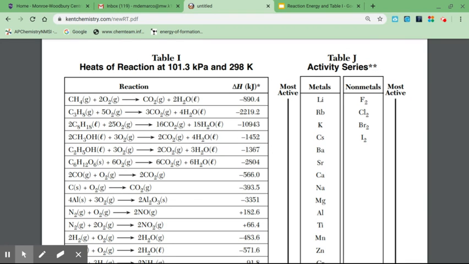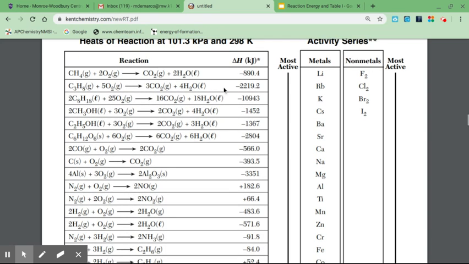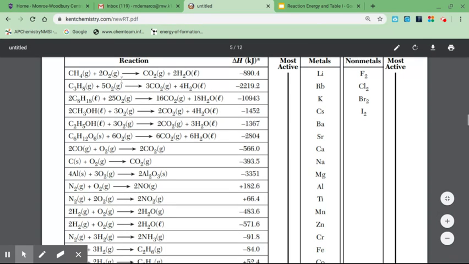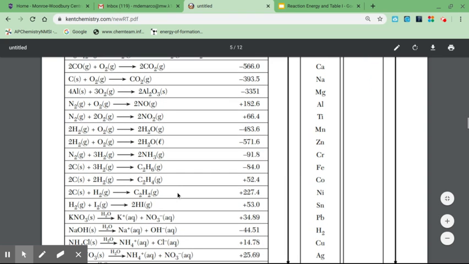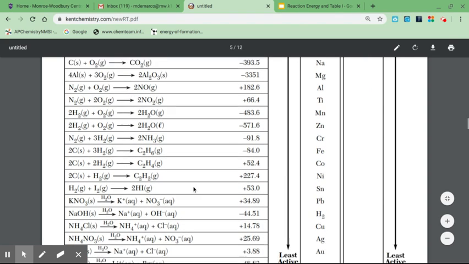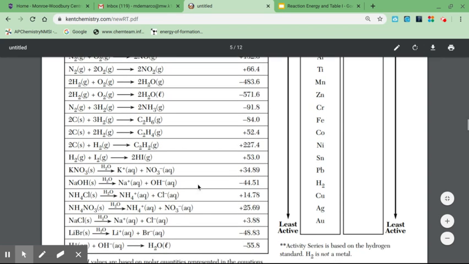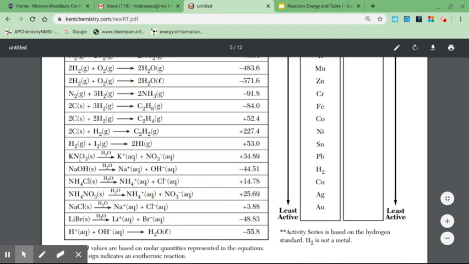And under standard conditions, I can look at all of these reactions and notice I have my combustion reactions up on top. I have a lot of synthesis reactions coming down the middle. And then on the bottom, I have my solution reactions, the dissociation of different salts in water.